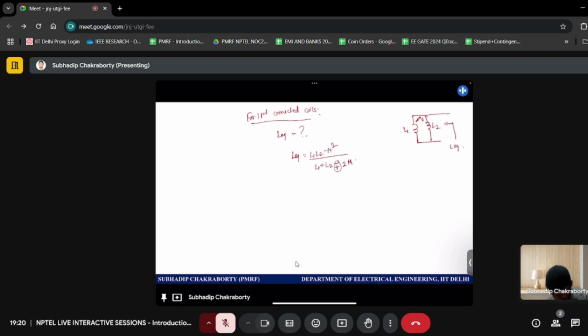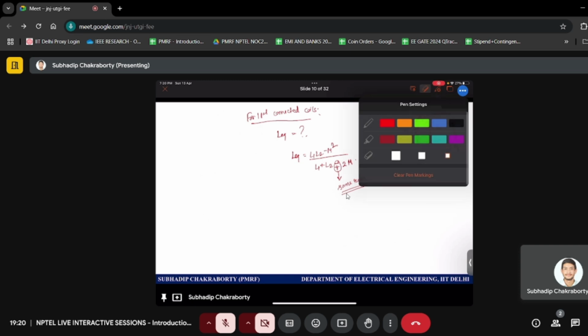So this minus plus is actually same rule, but it is actually, you can write it like this.